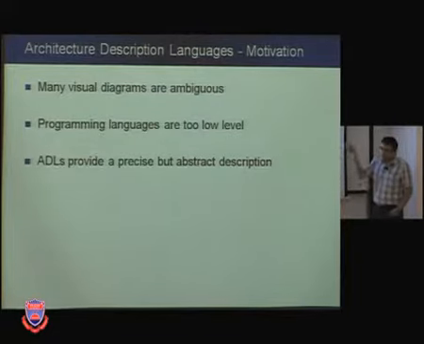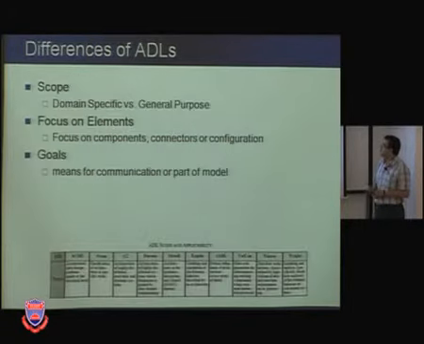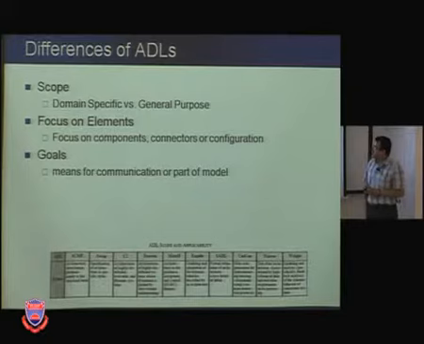So we want higher abstraction textual descriptions. We have seen that ADLs consist of three elements: components, connectors, and configurations. Based on that, different kinds of ADLs have been introduced and are still being introduced. There are some differences among these ADLs with respect to scope, focus on elements, and goals.